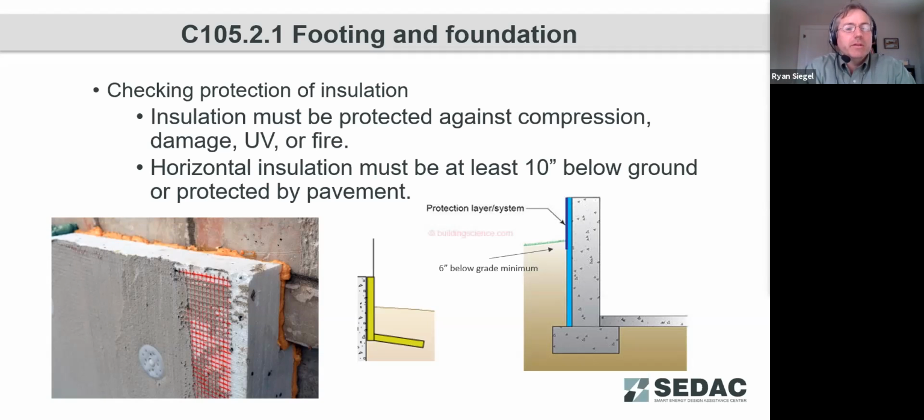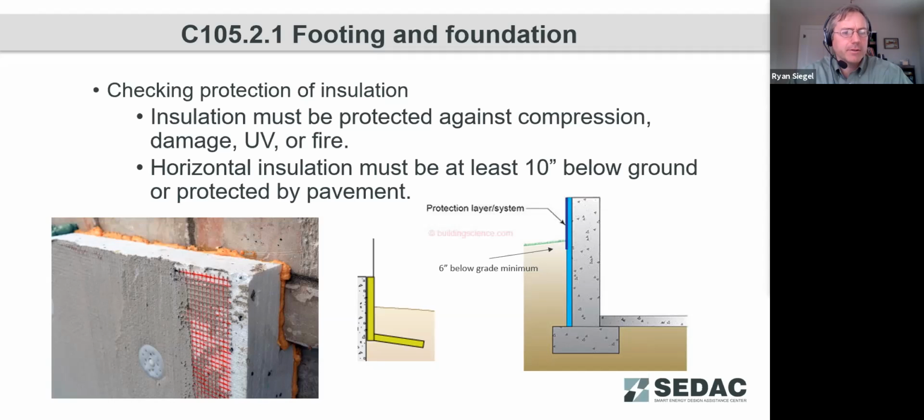Also noting with this protection, we want to make sure that we are not only protecting against potential compression and physical damage, but also understanding that insulation may be degraded through ultraviolet or pose a potential fire hazard. So making sure that we are protecting our insulation against physical damage, compression, ultraviolet, and fire.